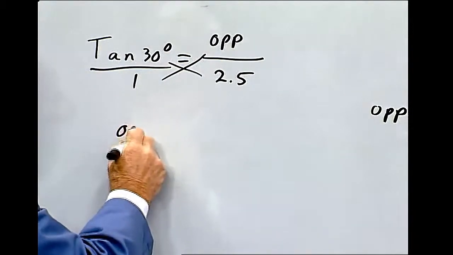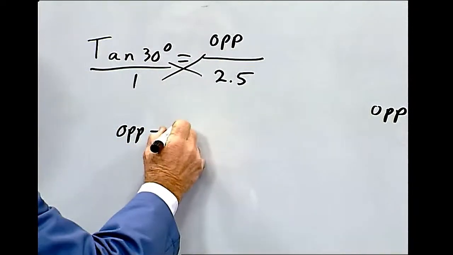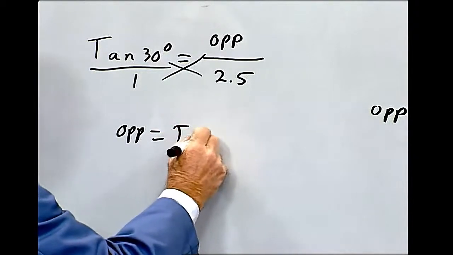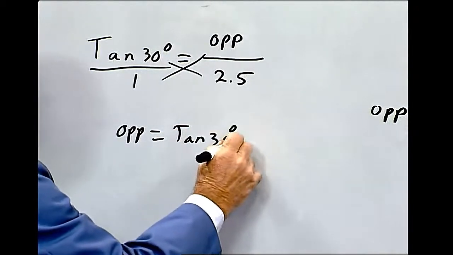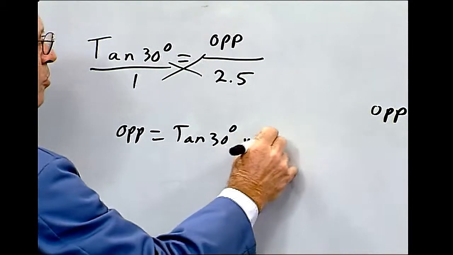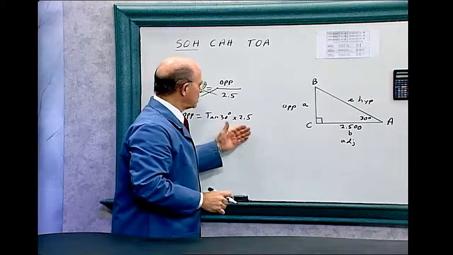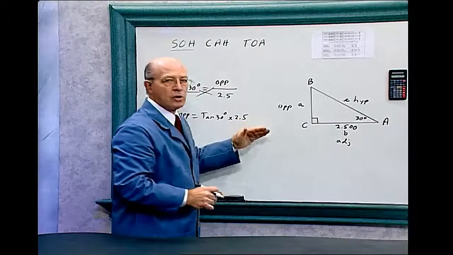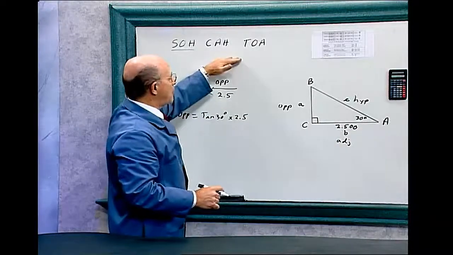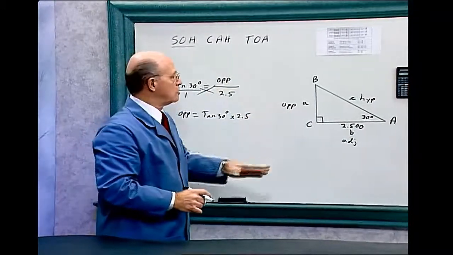Opposite equals tangent 30 degrees times 2.5. Now, we're going to do this in the next lesson, but I just want to show you how to find the proper formula to find the unknown sides.